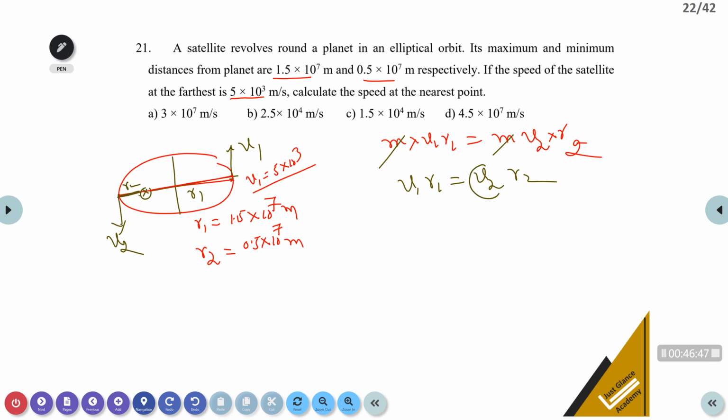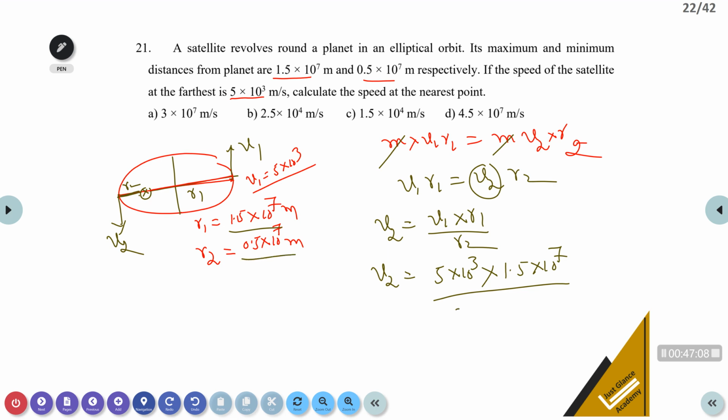I want to calculate v2 here. v2 equal to v1 into r1 divided by r2. Substitute. What is v1? Given, 5 into 10 to the power of 3. What is r1 here? 1.5 into 10 to the power of 7. r2 is 0.5 into 10 to the power of 7.